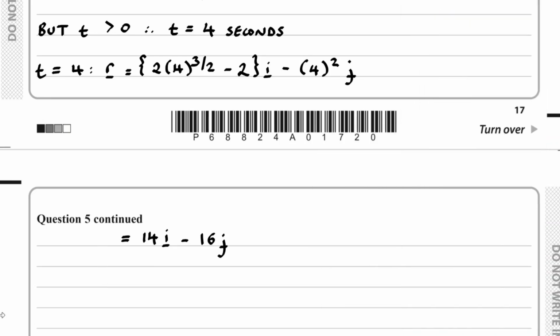What we need to do is find out the exact distance. The exact distance is equal to the magnitude of r.